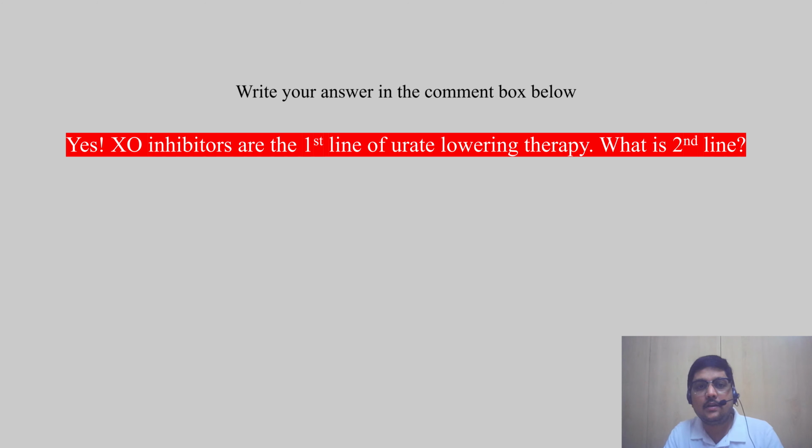So in the previous session we got it right. What are the xanthine oxidase inhibitors which are used as the first line urate lowering therapy, right? What is the second line? Yes, we got the answer right.